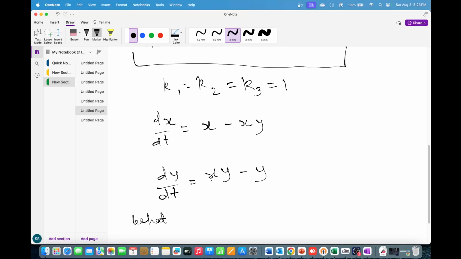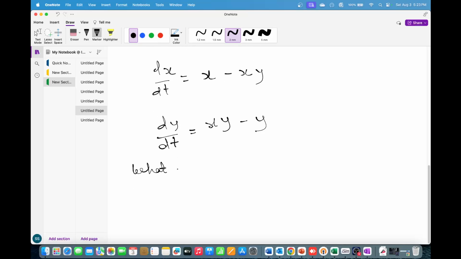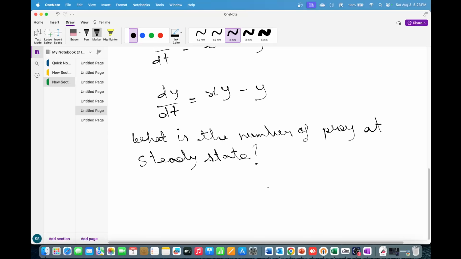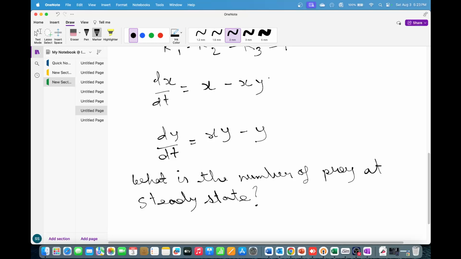So if you are asked what is the number of prey at steady state, now you have two equations like this. One you have for the rate of change of prey, one you have for the rate of change of predator.